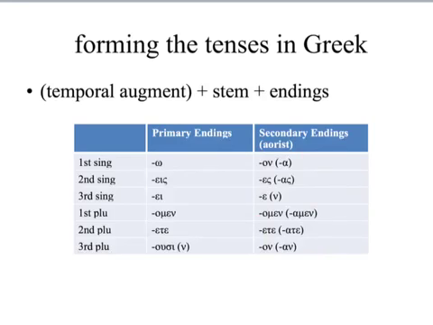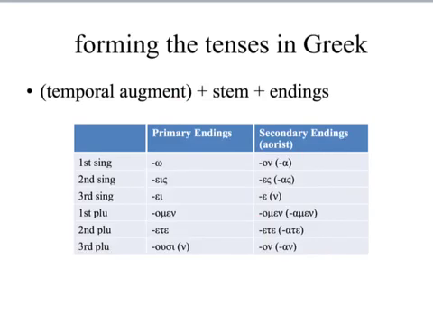And they differ from the imperfect endings only in their use of the alpha as the characteristic theme vowel for the aorist. The endings that are past, right, the secondary ones, the aorist and imperfect, will use a temporal augment to signal the fact that they're past tenses.